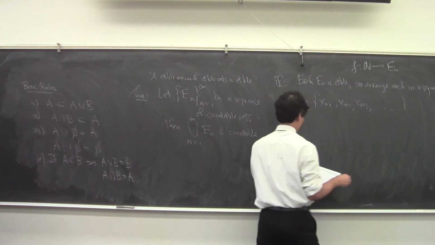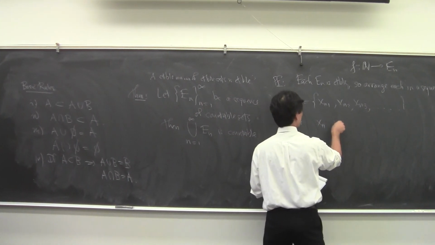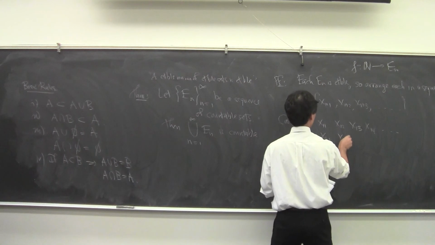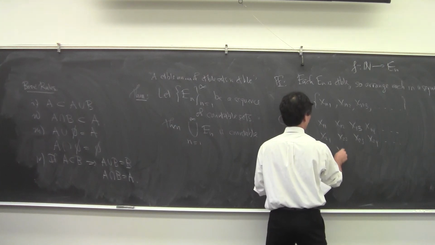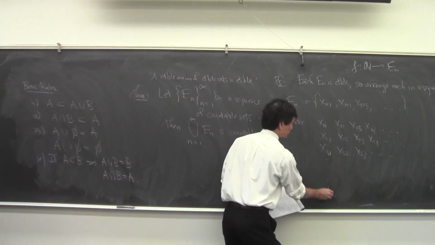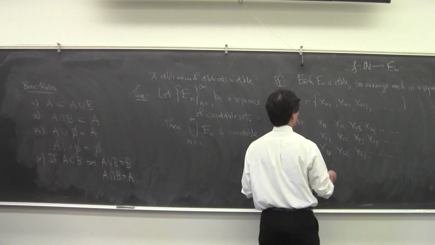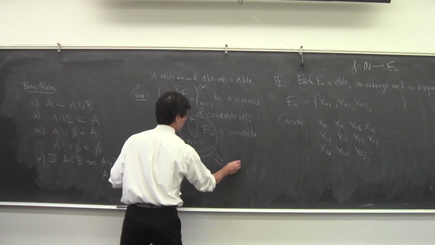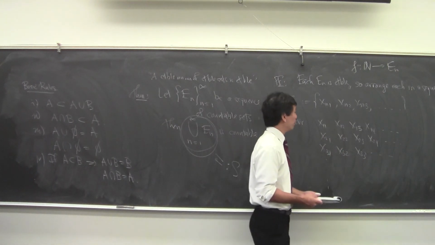Okay. So now consider all the terms, x11, x12, x13, x14, etc., x21, x22, x23, x24, etc., x31, x32, x33, etc. So you put down all the terms, and say, okay, well, the union, let me denote this thing by S. The union S is all these terms here.